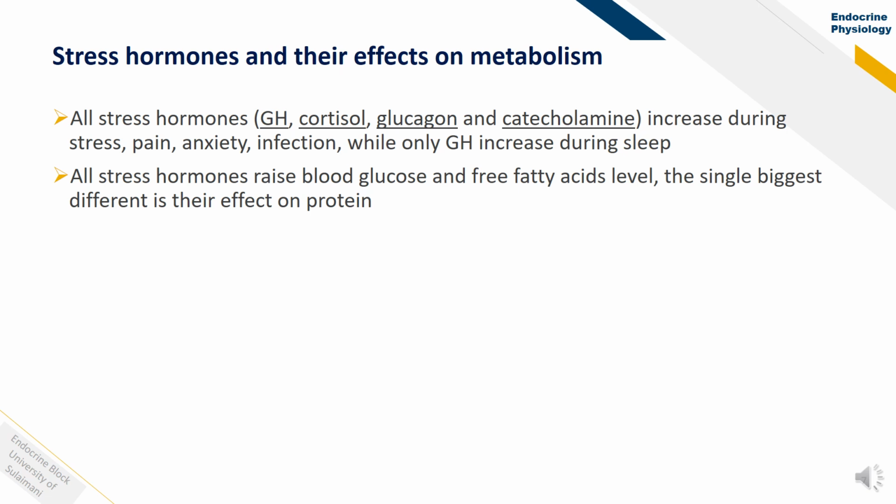Why are glucagon and growth hormone categorized under stress hormones? Because all of them increase during stress, anxiety, exercise, pain, and infection. Only growth hormone is also increased during sleep; this is particular to growth hormone.